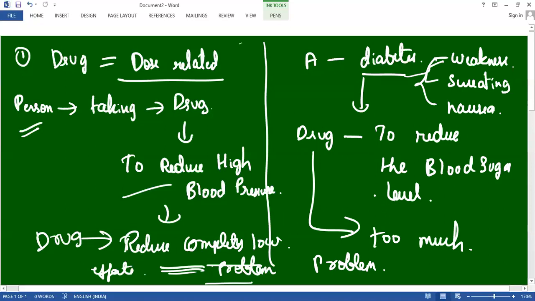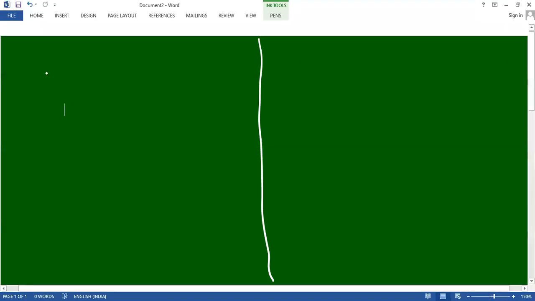And it may go suddenly high or suddenly low. So both are a problem, both are dangerous. It may also occur if the drug dose is too high.